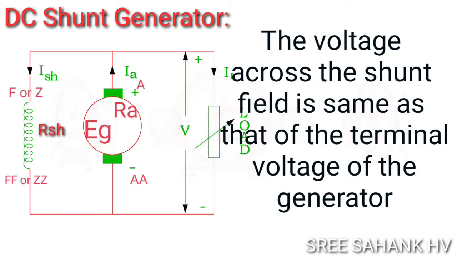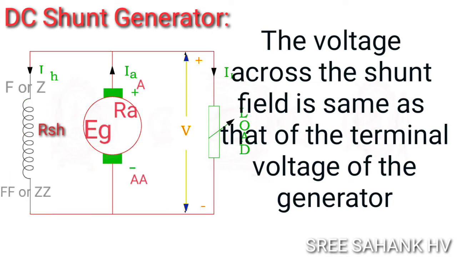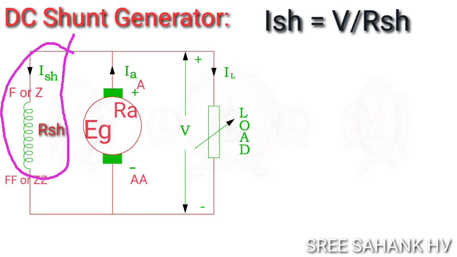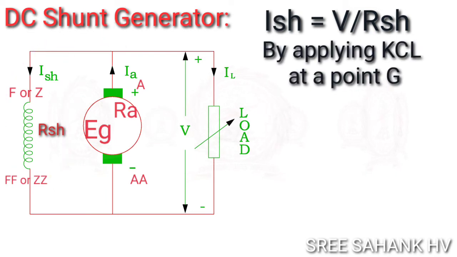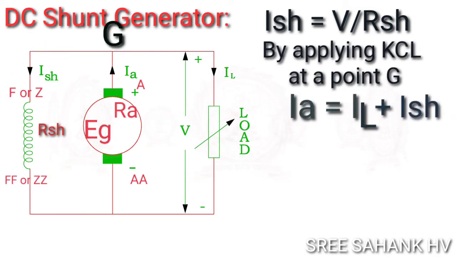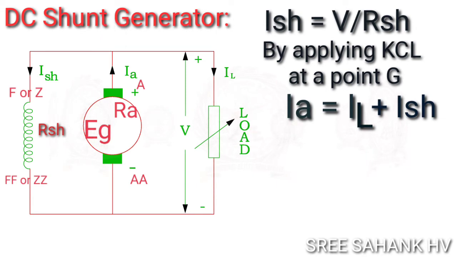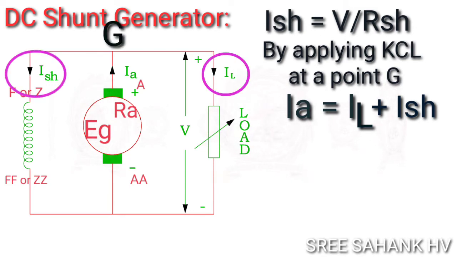Now we will see current and voltage equations. ISH is equal to V by RSH by Ohm's law. By applying KCL at point G, IA is equal to IL plus ISH. Here KCL states that incoming currents equal outgoing currents. Here IA is the incoming current and both IL and ISH are outgoing currents.